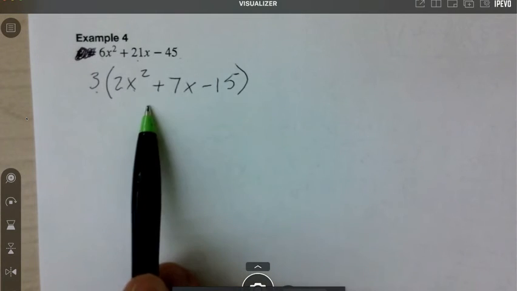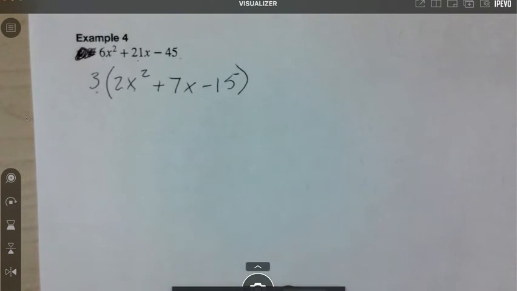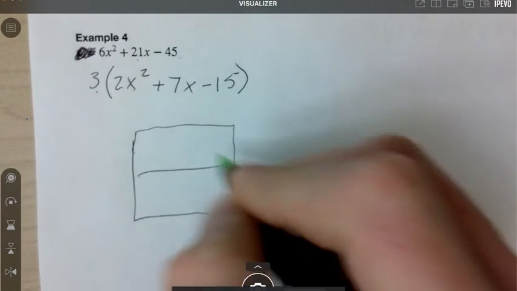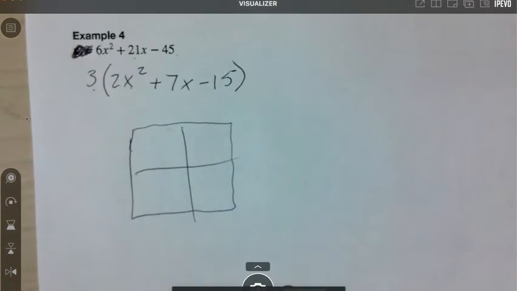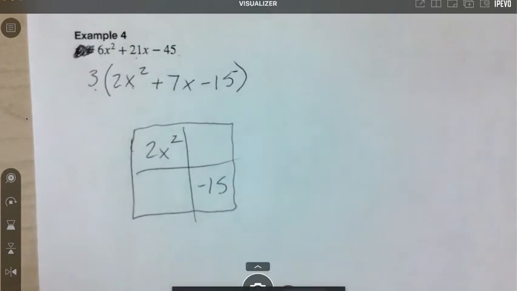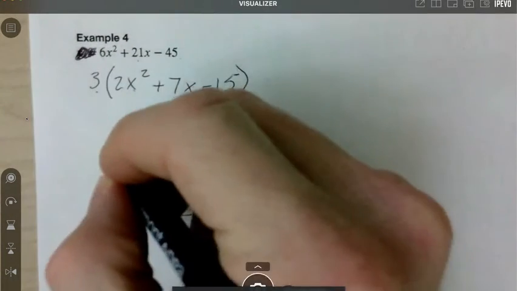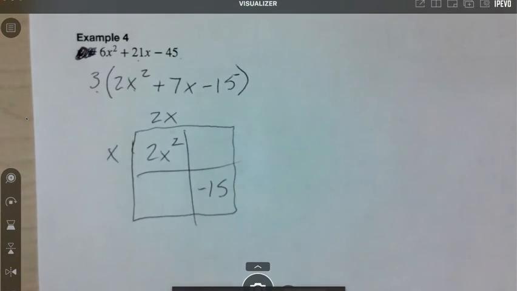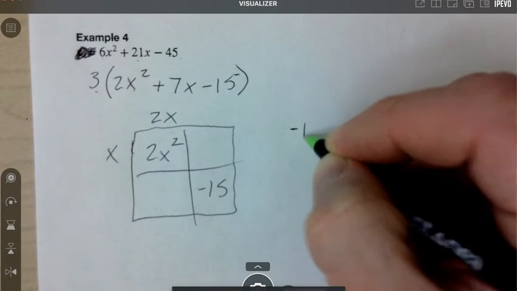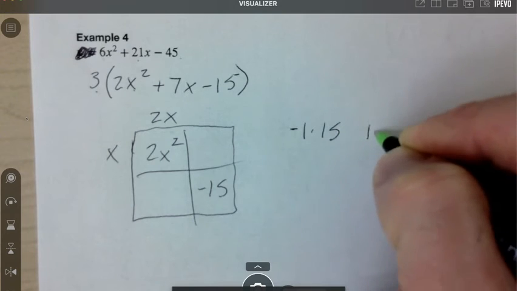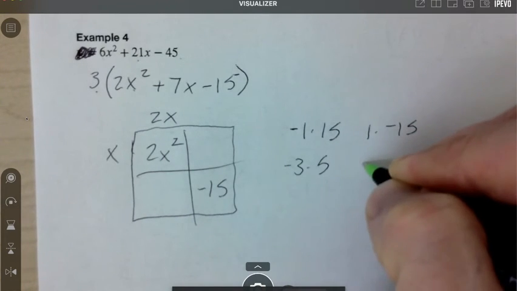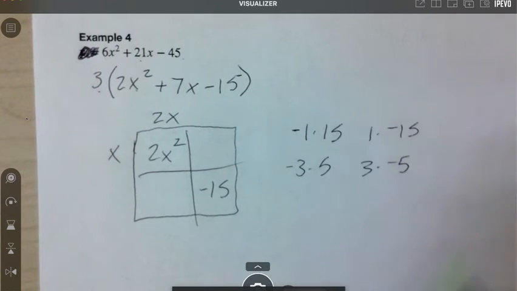Well, if you remember on the other side, I actually already factored this one. So you could rewind this video a little bit, and you'd see that we had put 2x squared and a minus 15 inside. And I knew that x times 2x is 2x squared. Then when I did factors of 15, I said negative 1 and 15, or 1 and negative 15, or negative 3 and 5, 3 and negative 5.